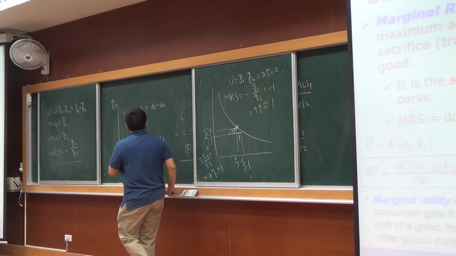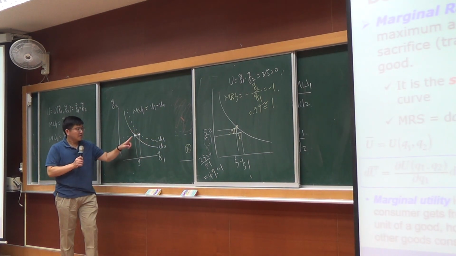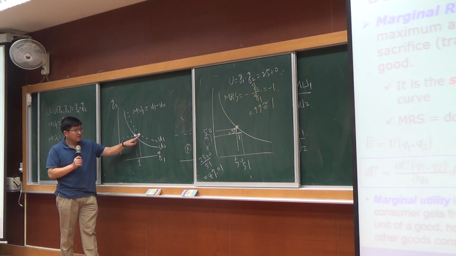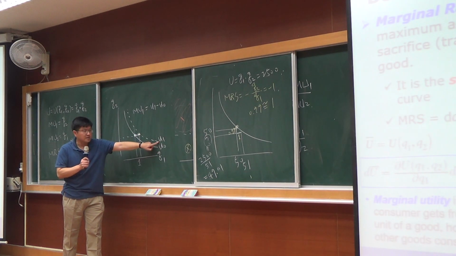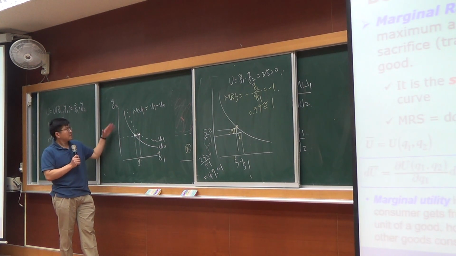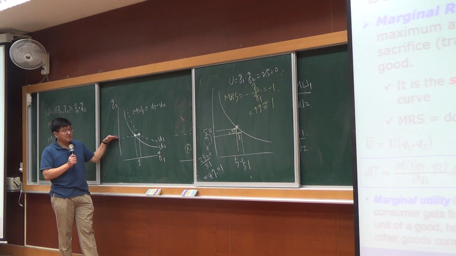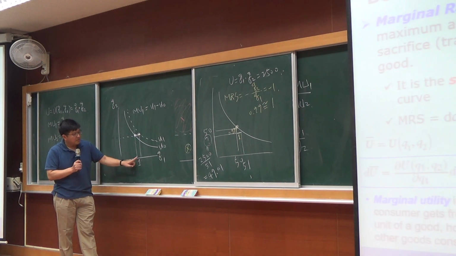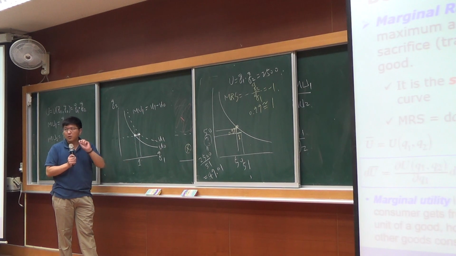Okay? So marginal utility means the increase in utility, holding the consumption of Q2 constant, but we increase just one unit of Q1.